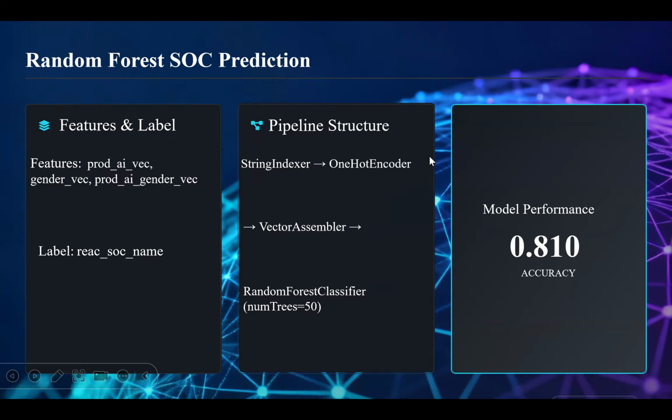We first converted these categorical variables using the StringIndexer and OneHotEncoder, and assembled them into a vector using a VectorAssembler. Our pipeline was StringIndexer to OneHotEncoder to VectorAssembler to random forest classifier. For performance, our model achieved 81% accuracy.